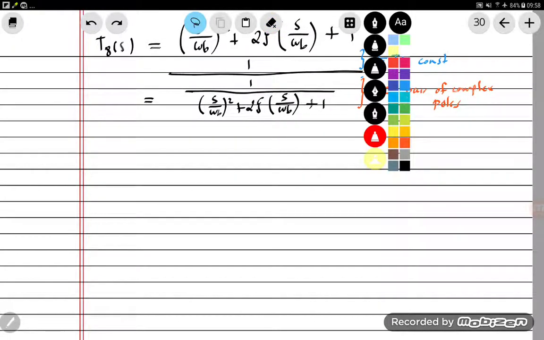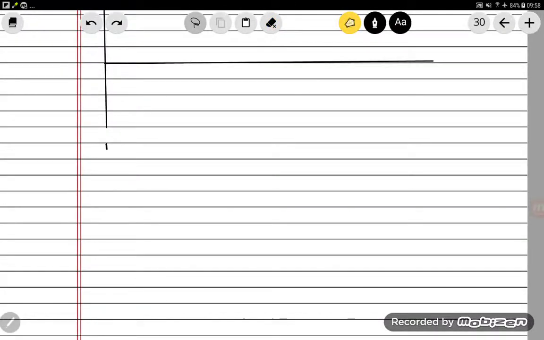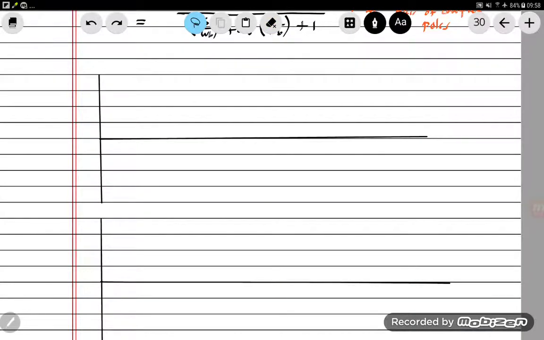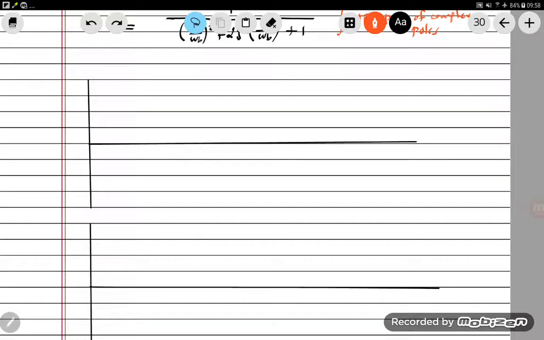Just to quickly show you how that looks, let's quickly draw our Bode diagrams. Let's first draw the magnitude and phase plots for a transfer function that has a pair of complex poles.